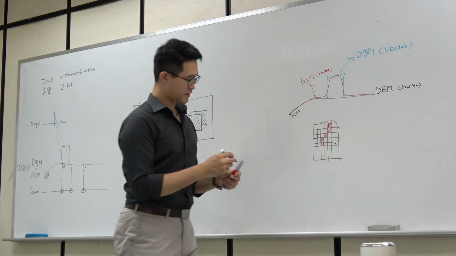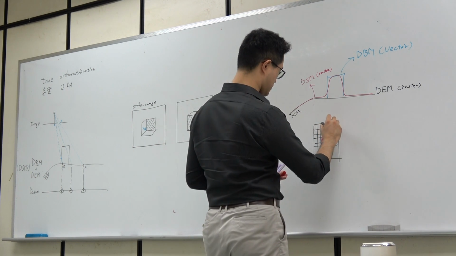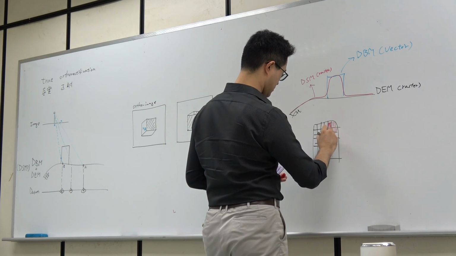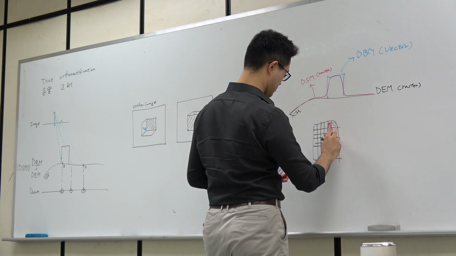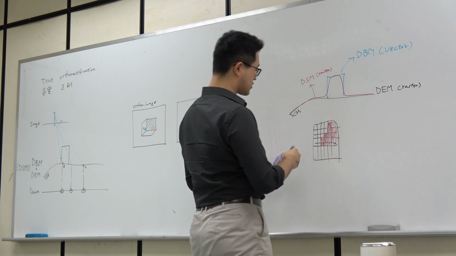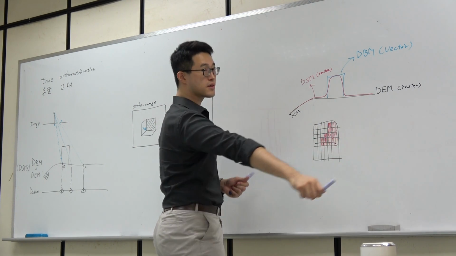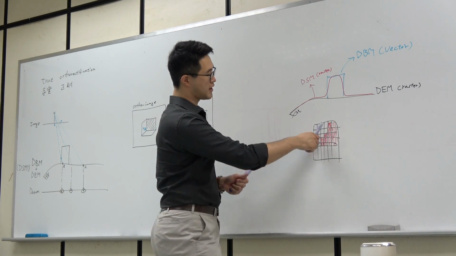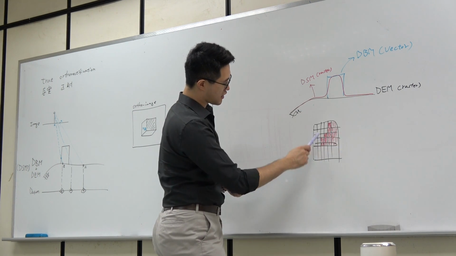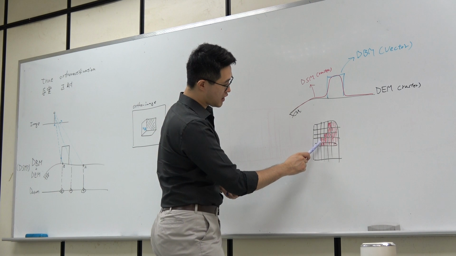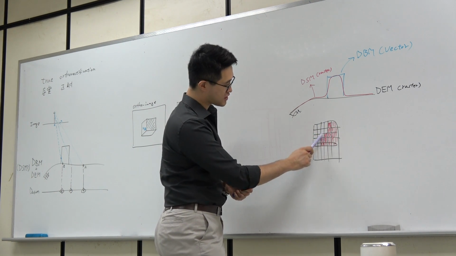Right, you may have something like this to indicate, for example, the red is the building top and the white is the ground. So in this case, the raster data can give you this type of pixel edges.